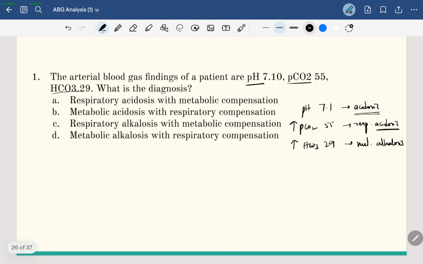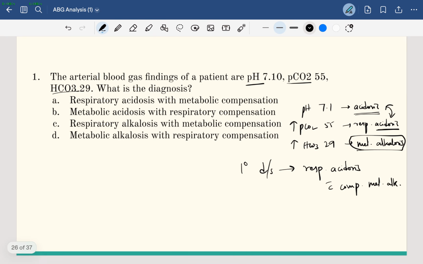Now the pH and the PeCO2 match, which implies the primary disorder was a respiratory acidosis. And now to compensate, there's a metabolic alkalosis. In this case, we didn't have to determine whether it was adequately compensated or not because that's not in the options. So we can just straight up go for option A.